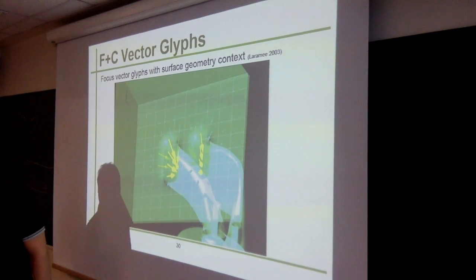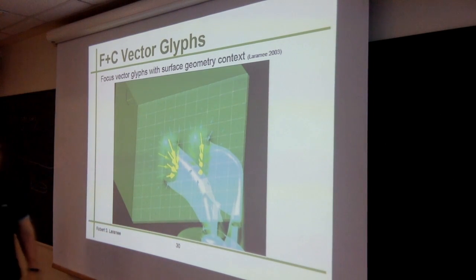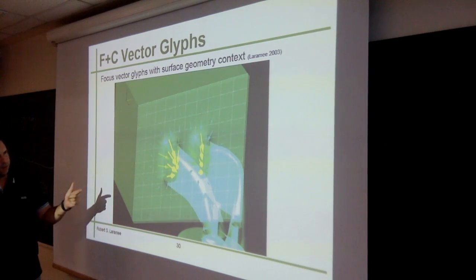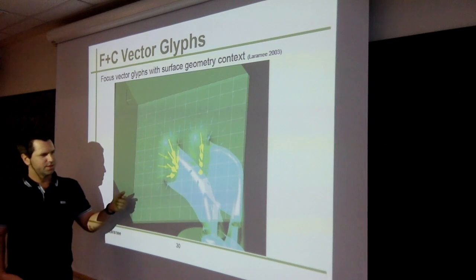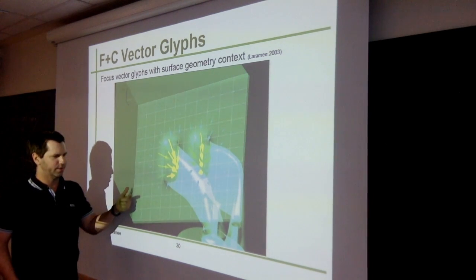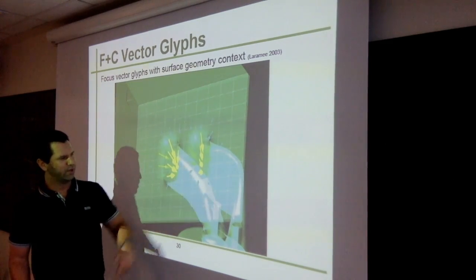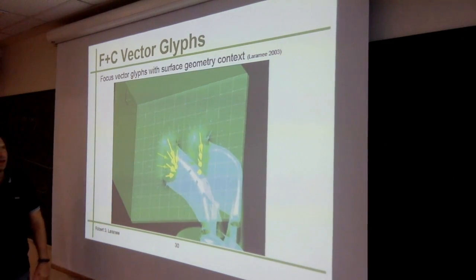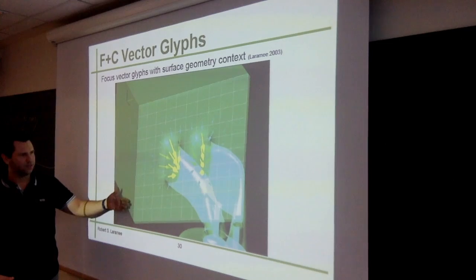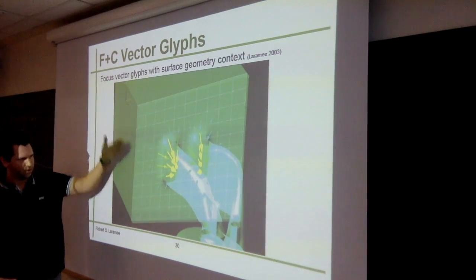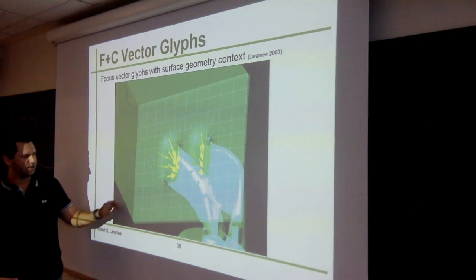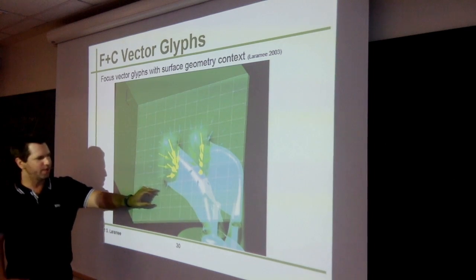These are focus and context glyphs. So in this example, this is actually a simulation of an automobile engine. And there's fluid flow coming down into these 2 intake ports. And the user has taken a slice through the geometry, and they've mapped a grid on there.